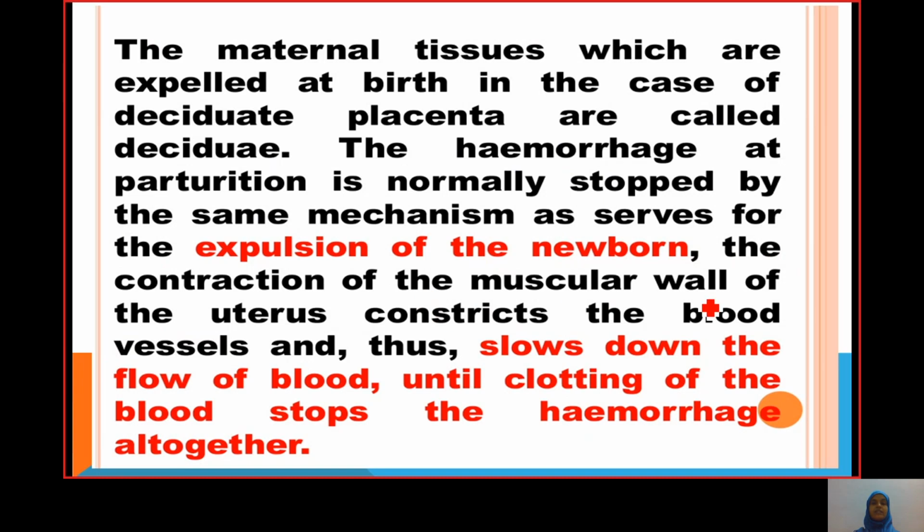The contraction of the muscular walls of the uterus constricts the blood vessels, thus slowing down the flow of blood until a clot stops the hemorrhage. So blood stops flowing from the uterine walls due to the contraction of the muscles.